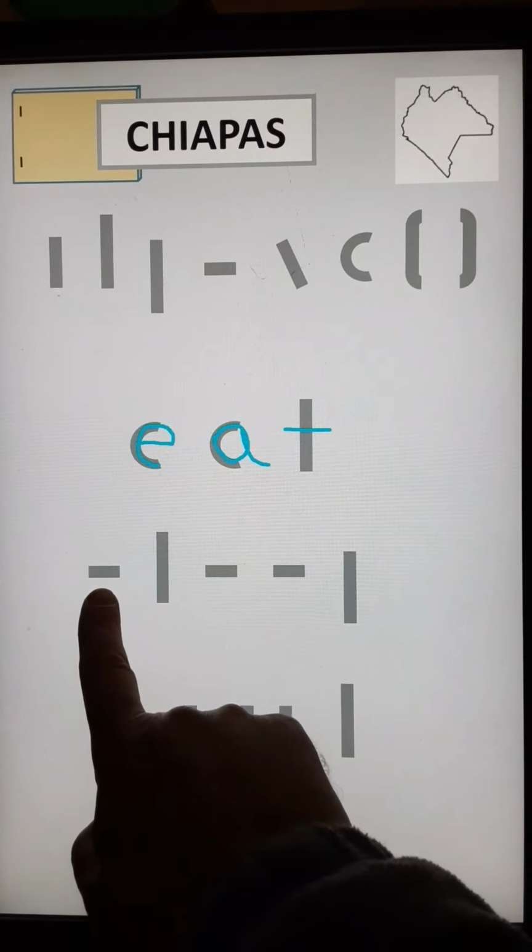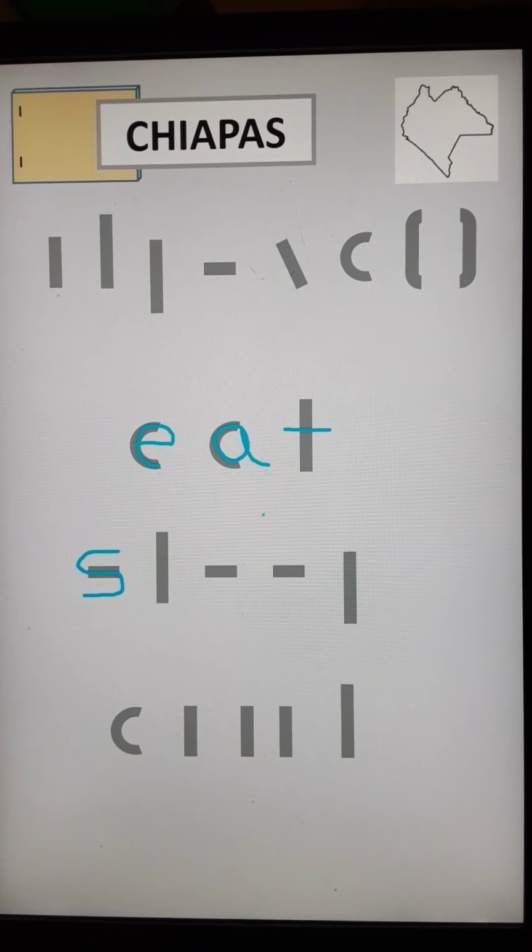Sleep does start with an S. The second letter is a big. If we remember, what is big? Big can become B, F, H, K, L, or T. Okay, it's an L. We can leave it there.